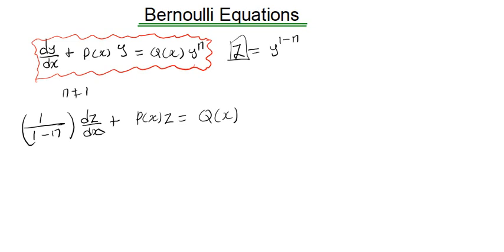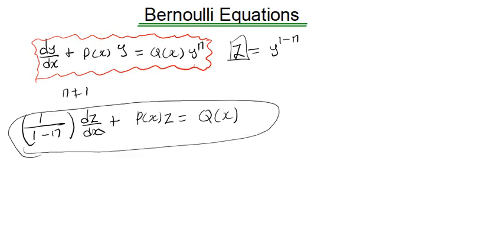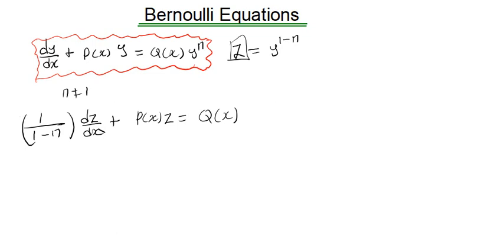So in the form in which we have it right now, it would be easy for us to use the integrating factor method to come up with a solution for that particular differential equation. So whatever equation you're given, just write it in this form, then you can go ahead and determine the solution for that particular differential equation.